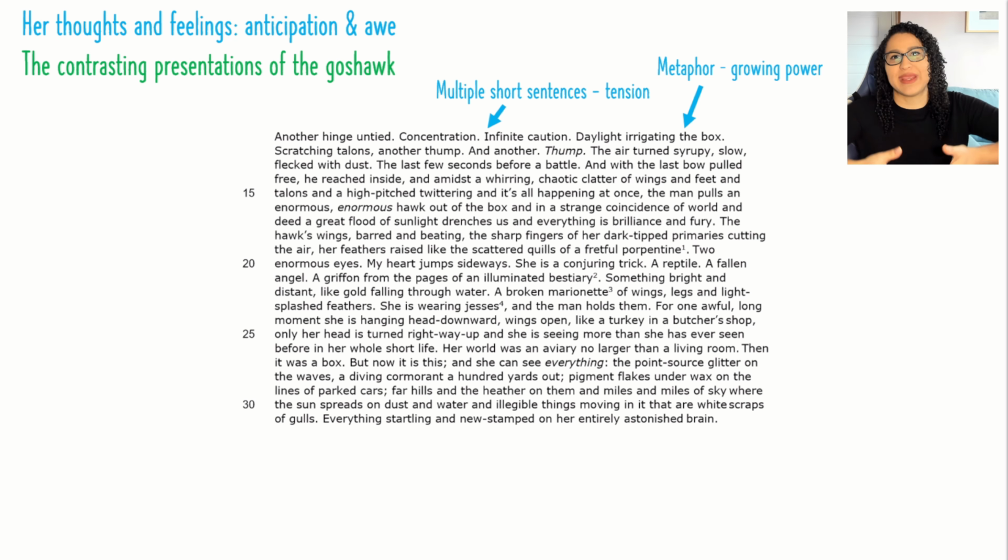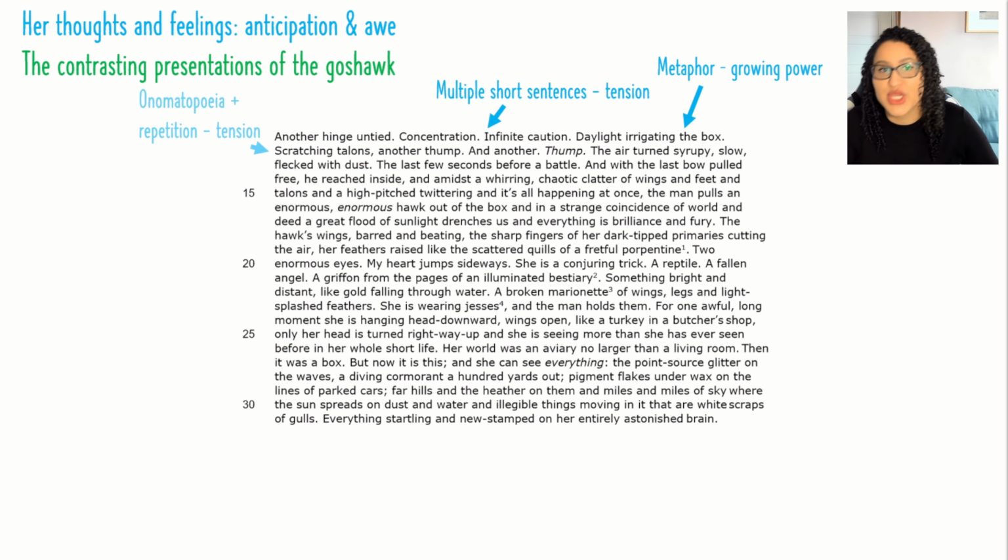And this is all about making things feel like it's happening incredibly slowly and like a real steady build up to our hawk slowly being released. I think the use of that onomatopoeia of thump is also quite important in connoting the power of our hawk. Because if you think about it, it's almost like a thump, thump, thump of a Jurassic Park kind of build up.